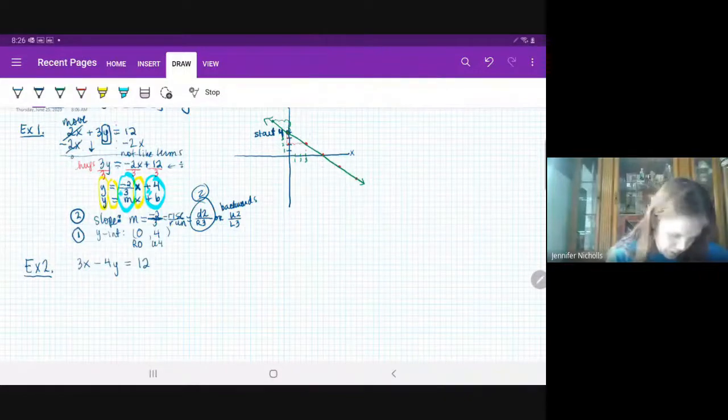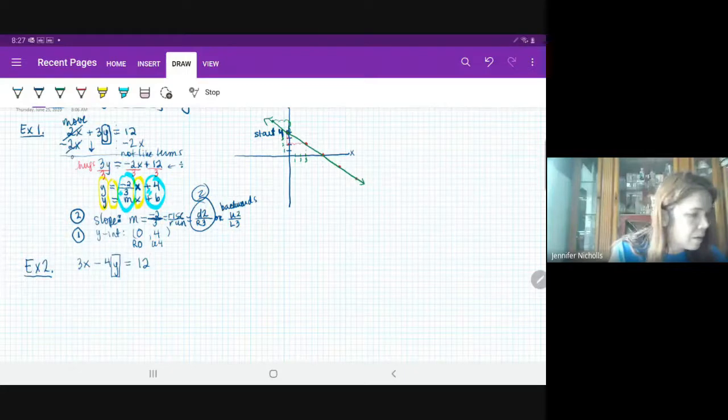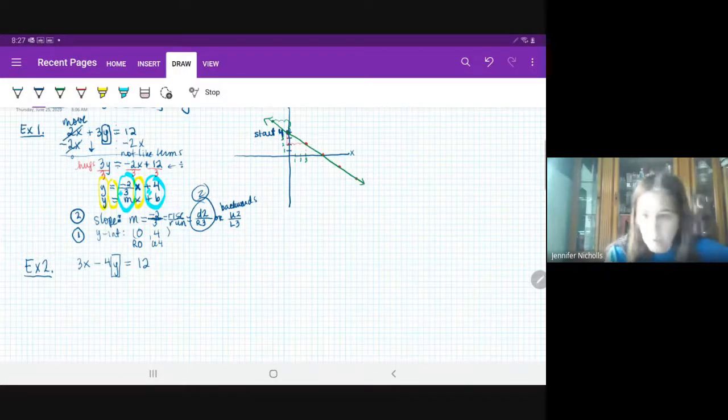Okay, so look at example 1 to help you figure out what step number 1 would be. Okay, so what do you think, Zyla?